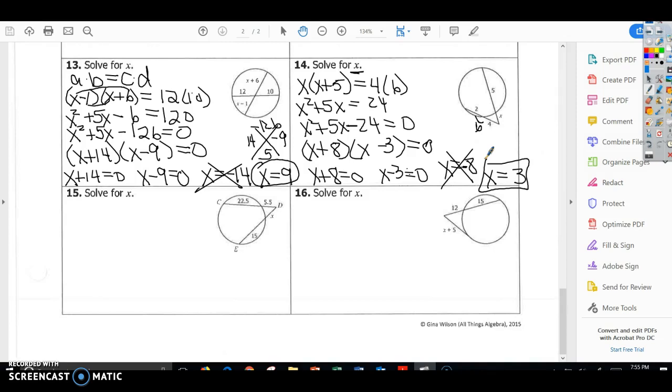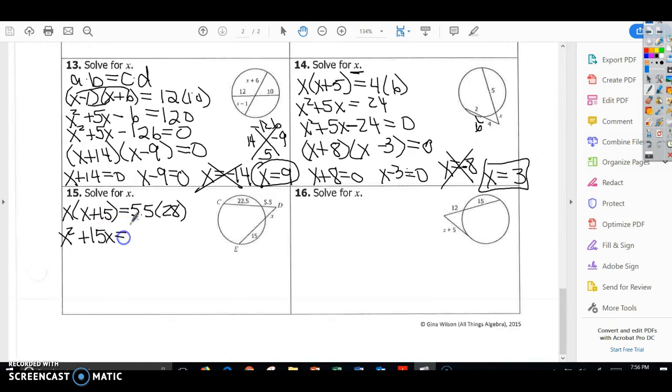All right, the last ones are similar. I'm going to go through one of these very quickly. I'm about to run out of time on the video here. All right, so this is type 2. So we're going to have x times x plus 15 equals 5.5 times, if I add those together, I get 28. All right, so I'm going to have x squared plus 15x.